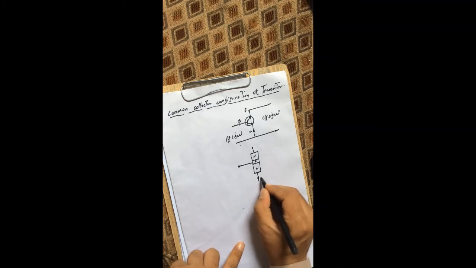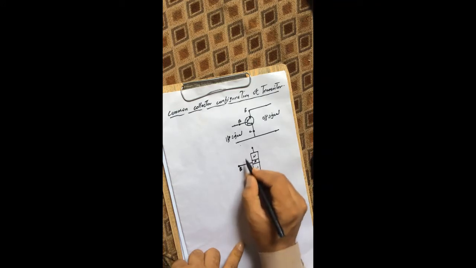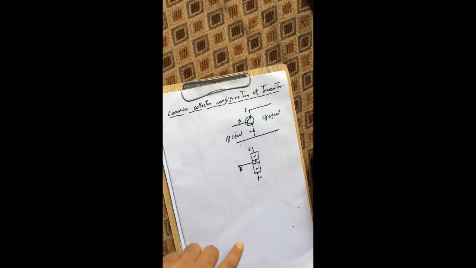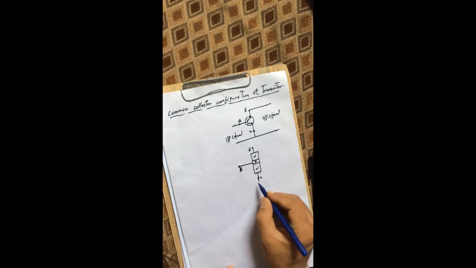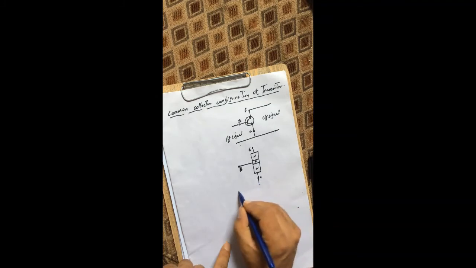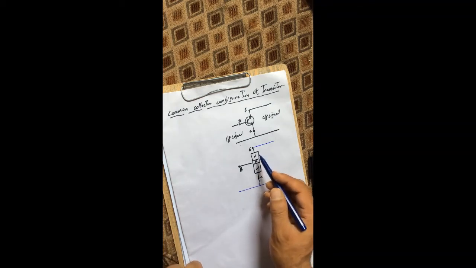The collector is common between base and emitter, so the collector is common to both input and output.